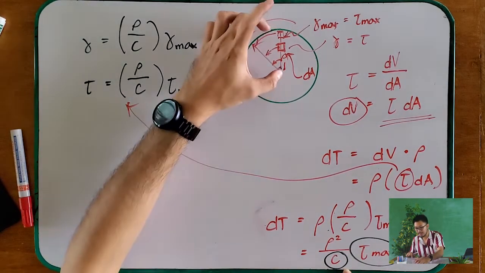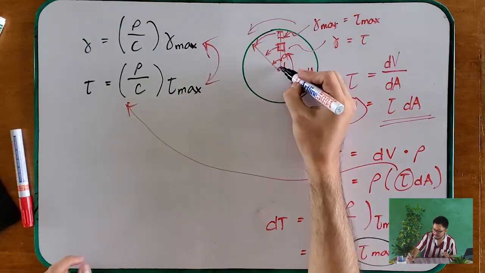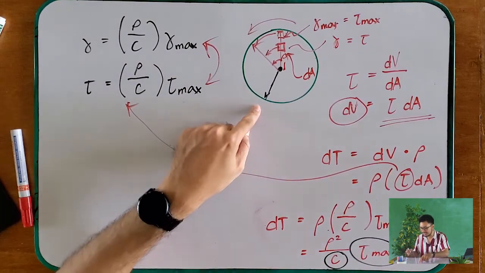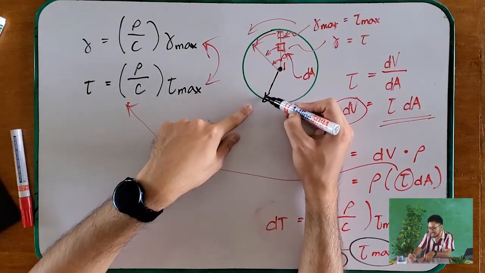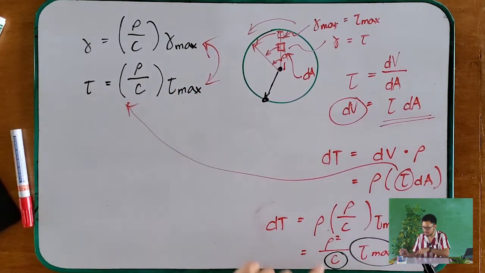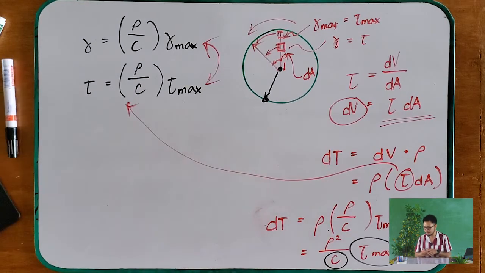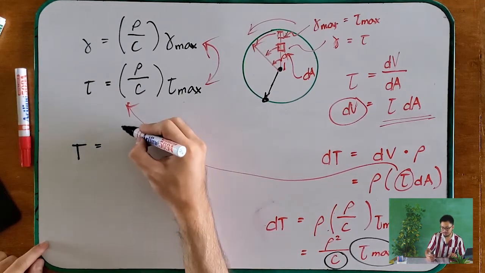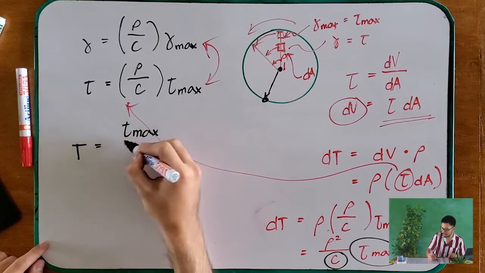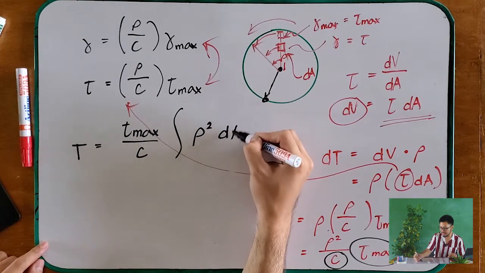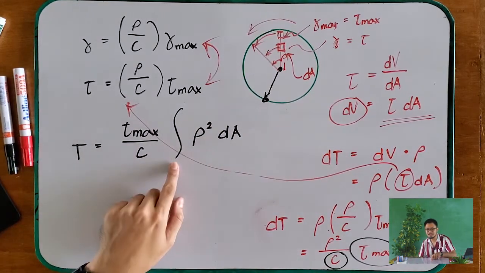Your radius is constant, because C is the distance from the center to the outermost part. Tau max is your shear stress at the maximum of your cross-section. So, they are constant, and we can move them out. And then, we integrate. So, therefore, T is equal to tau max over C integral of rho squared dA.